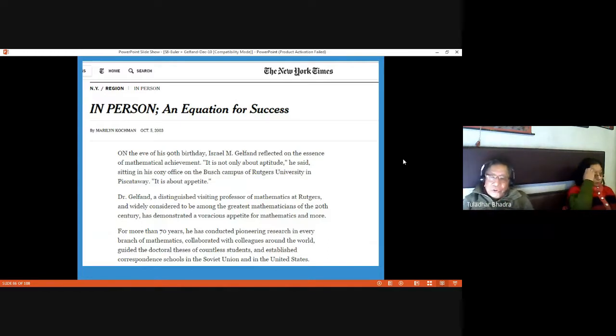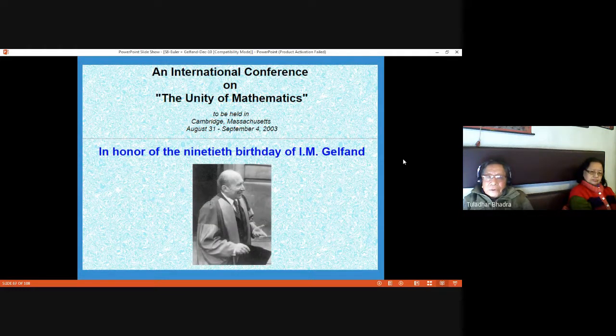He continued the same school and seminar. This is an international conference on the unity of mathematics to be held in Cambridge, Massachusetts, advertised for his 90th birthday.